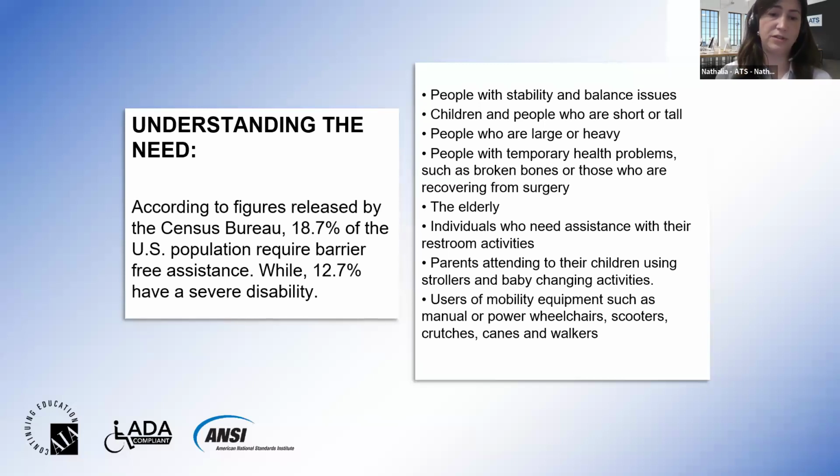Parents with their children in strollers or when you have to change your baby. And of course, users of wheelchairs or any other mobility equipment such as scooters, crutches, canes, walkers, anything. So this is so important to address in our design of a locker room. We'll talk more about what to do to address this problem.